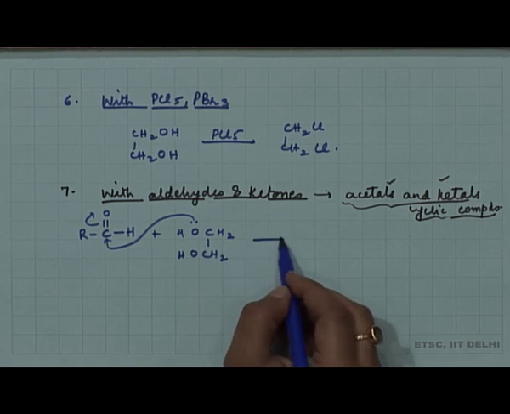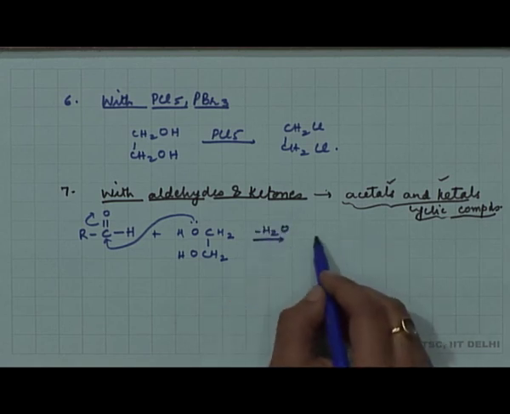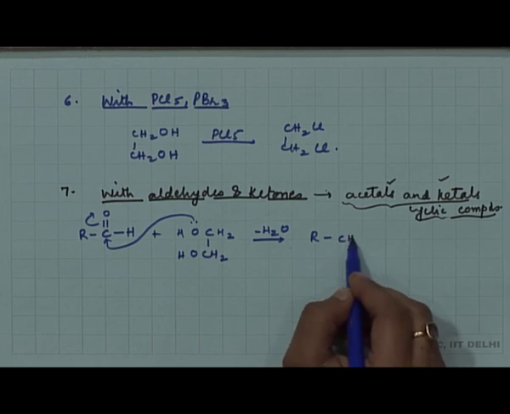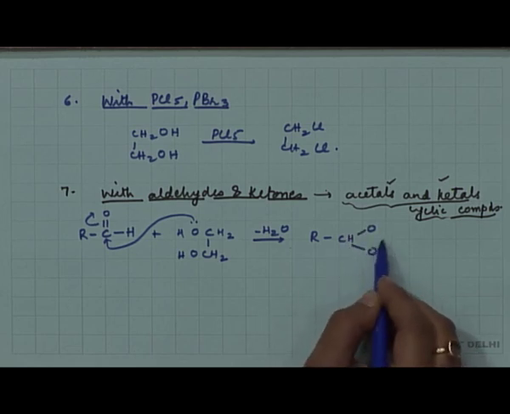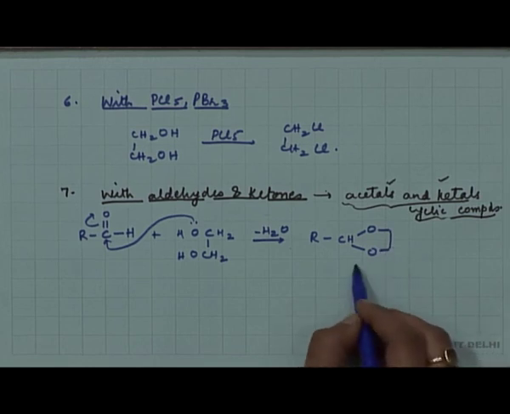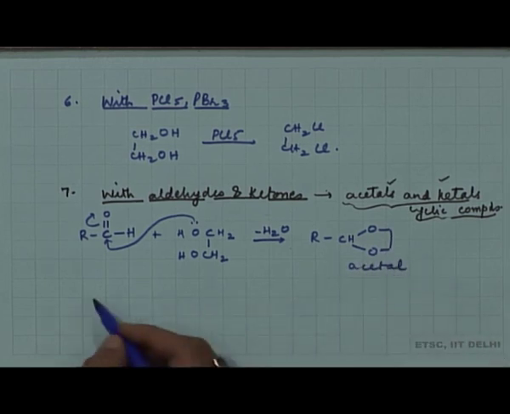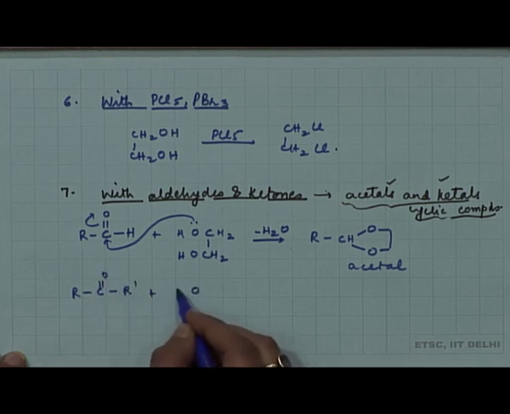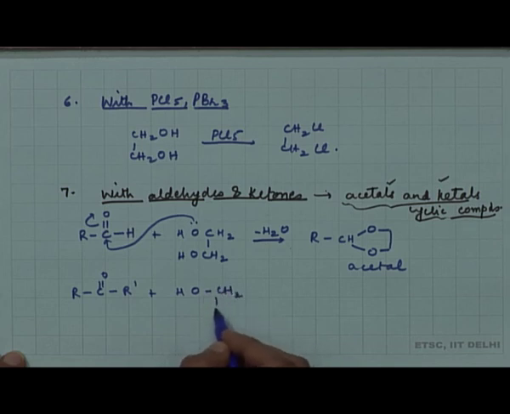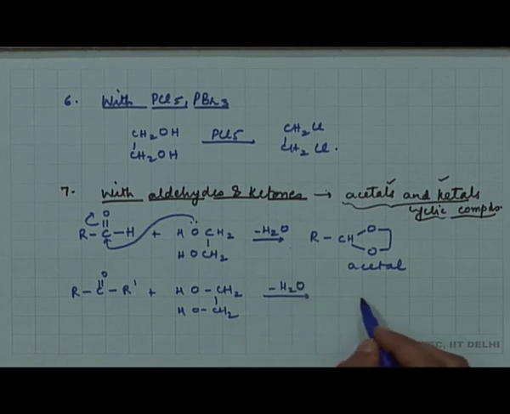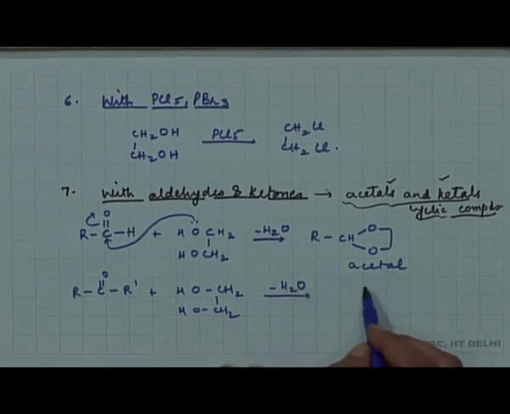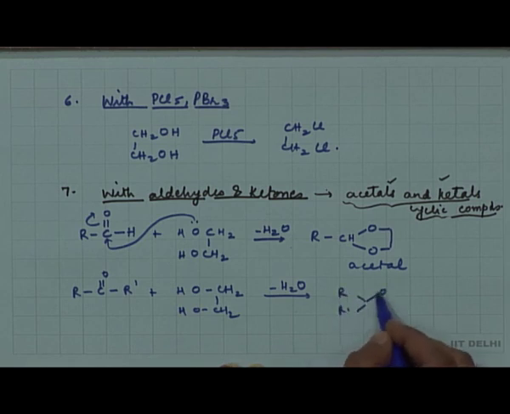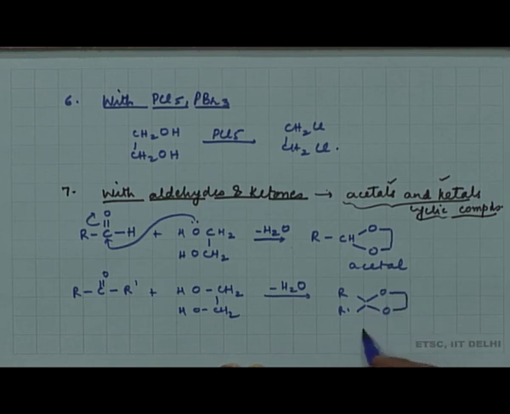So, sequentially 2 steps, loss of water, and you end up getting this compound, the acetal, and the same thing if you do starting from ketone, then you again lose 1 molecule of water to give you the corresponding ketal.